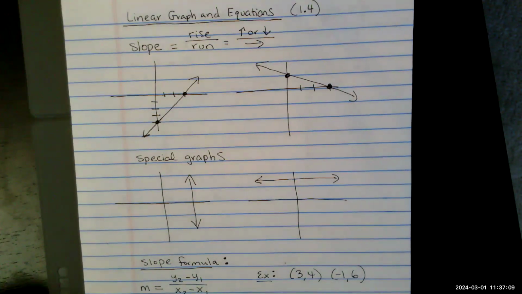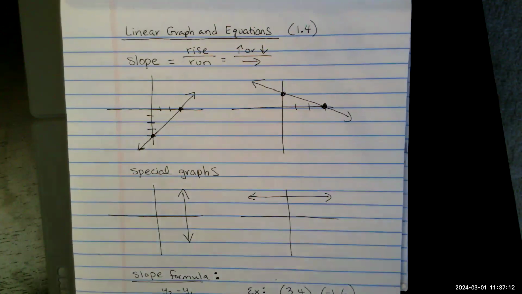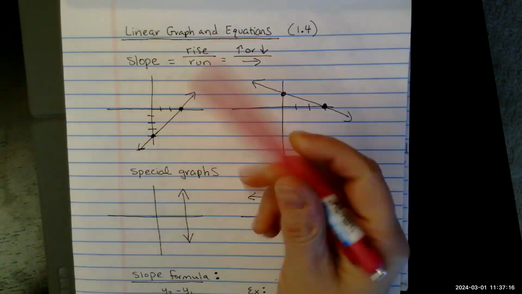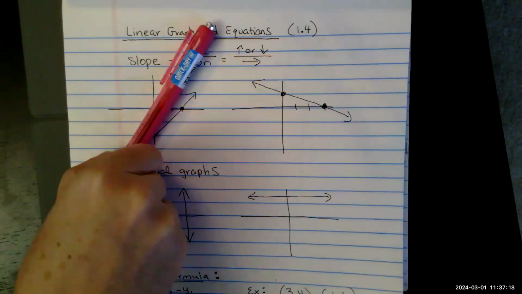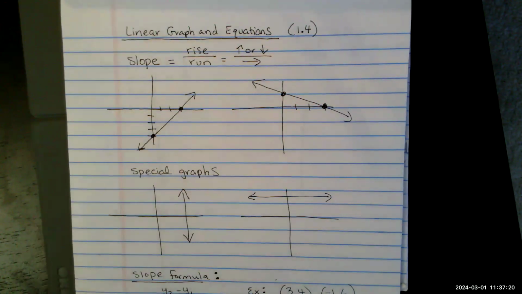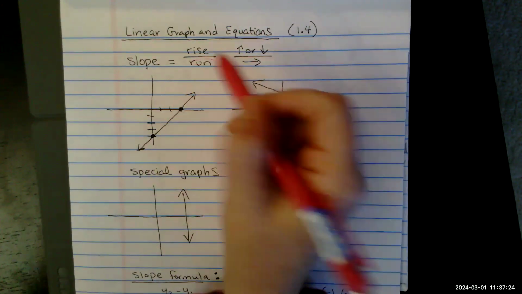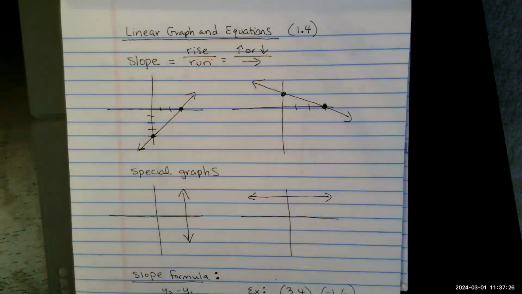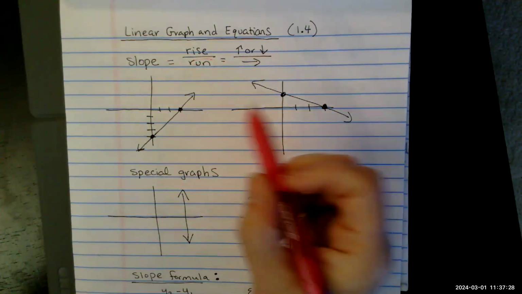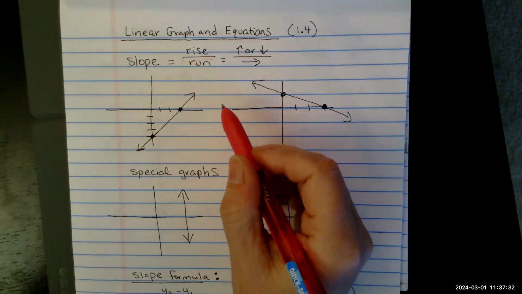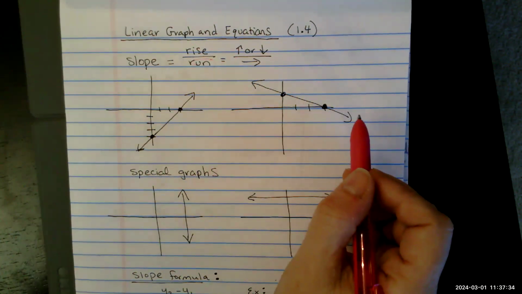Okay, so slopes and equations. First, what is slope? Slope is basically the steepness of a line, right? The larger the slope, the steeper the line. We also call it rise over run because slopes are typically fractions, and the top number is telling you how much it's going up or down, and the bottom number is telling you how much it's going to the right.